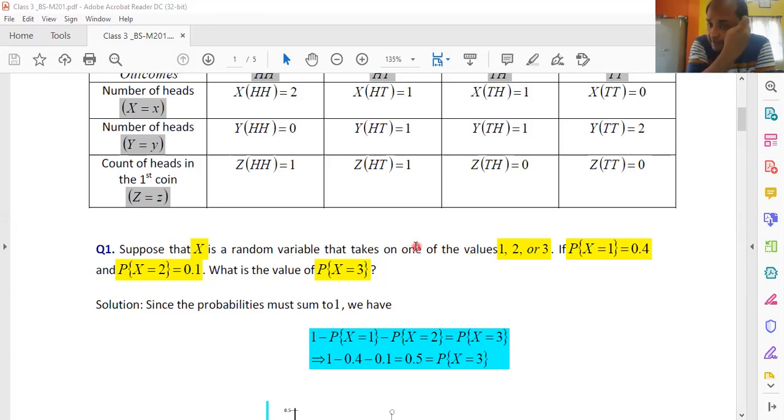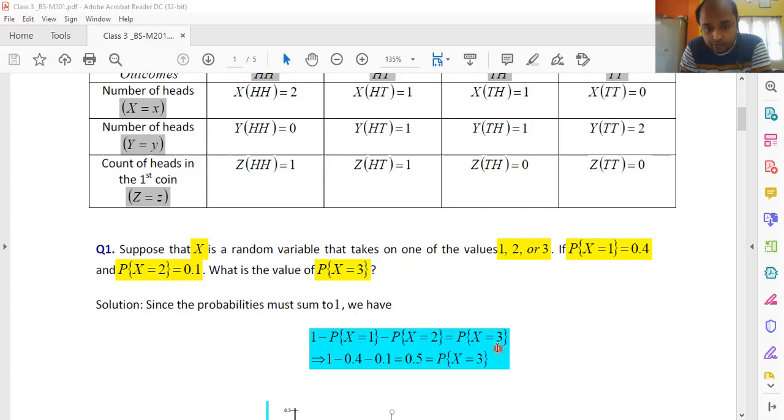Then I can apply that rule, and I immediately know that since these are the only three possibilities for capital X, the probability that X takes value 1 plus the probability that X takes value 2 plus the probability that X takes value 3 must be equal to 1. Therefore, P(X=1) + P(X=2) + P(X=3) = 1.